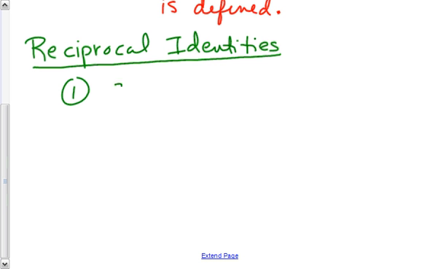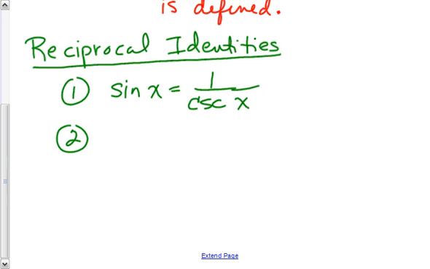Sine of x is equal to 1 over cosecant of x, because they're reciprocals. If you put a value in for x here, and the same value in here, the two sides will be reciprocals of each other. Another reciprocal you learned is that cosine of x is 1 over secant of x.